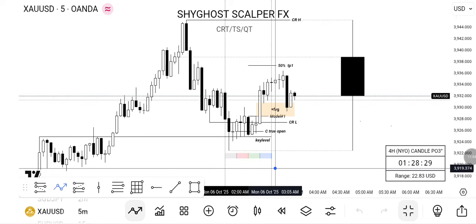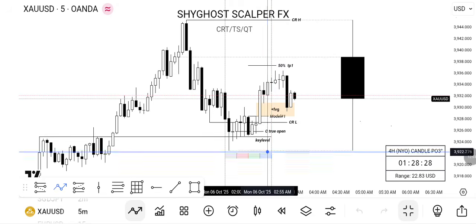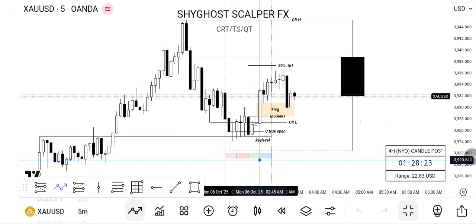We did that already, and we saw that we don't have those levels here, right? So the next thing we do is put in the quarterly theory indicator to see whether we have SMT or SSMT, right?